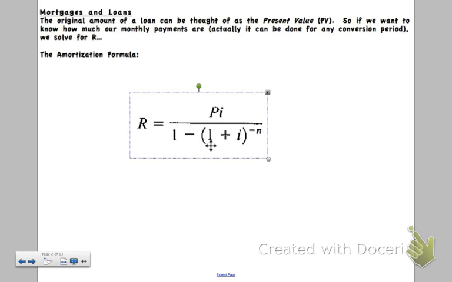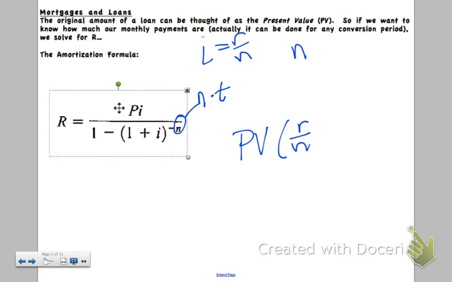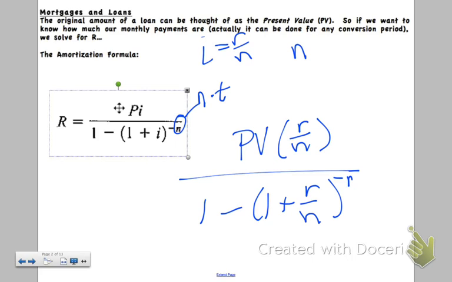So basically, if you're paying off a loan, P is the big starting amount, and then I is the rate over N, and this N is N times T. So really it would be the present value times R over N all over 1 minus 1 plus R over N to the negative NT.